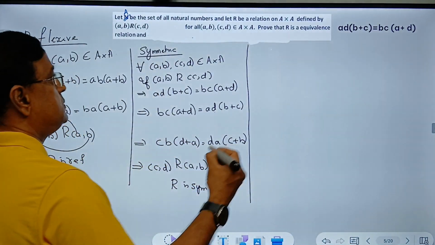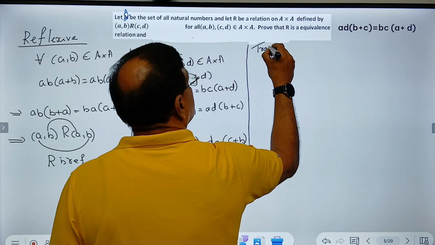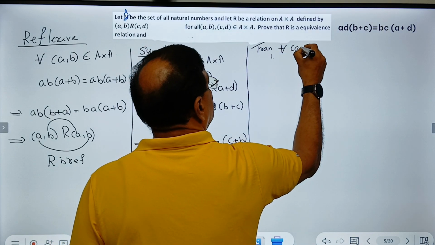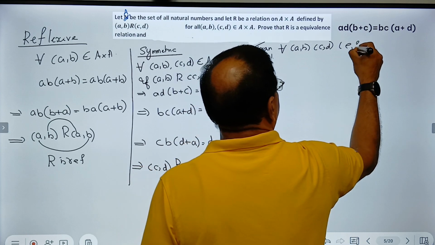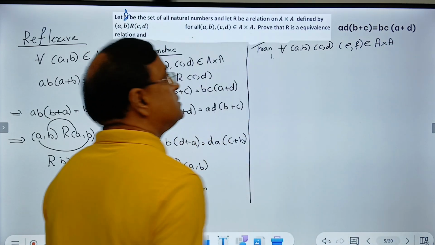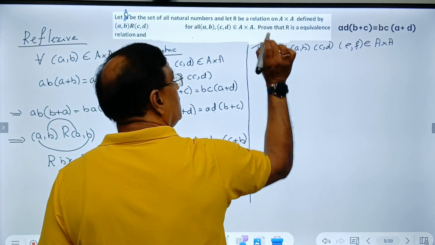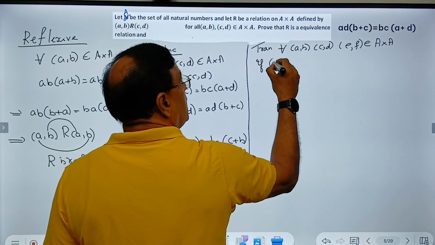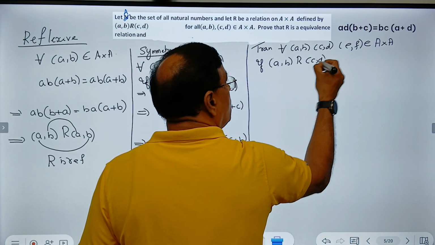Now how do I prove transitive? There you slightly have to think. For transitive, for every (A, B), (C, D) and (E, F) belongs to A cross A. If (A, B) is related to (C, D), that means what do you know?